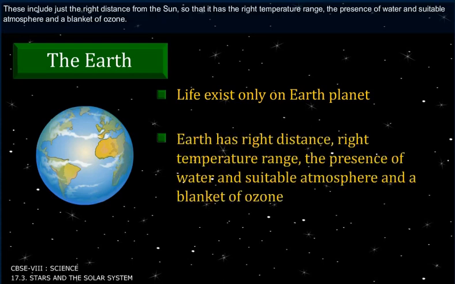These include just the right distance from the Sun, so that it has the right temperature range, the presence of water, and suitable atmosphere and a blanket of ozone.